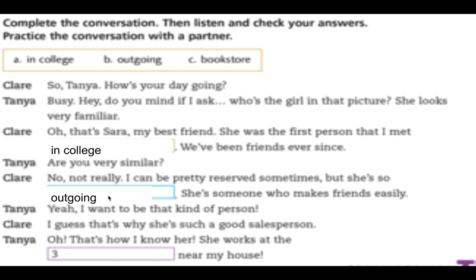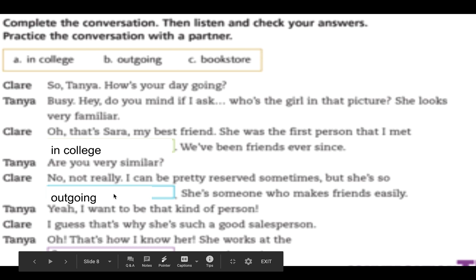Outgoing is talkative. She has a lot of energy. She loves going to parties with big groups. But Claire is pretty reserved. She's reserved. She likes to read books and have a quiet time. So she's so outgoing.